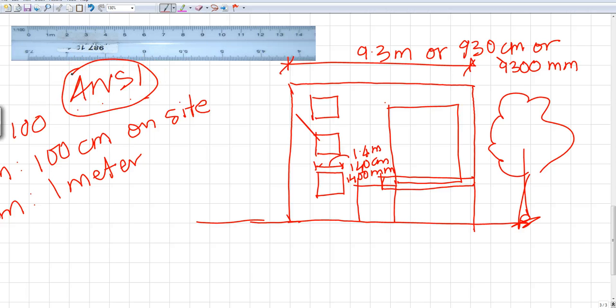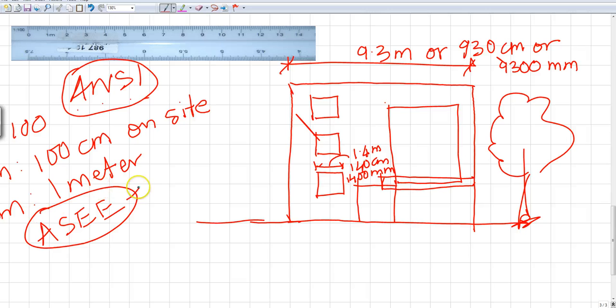Now there are some more standards that we use. One is ASEE, standing for American Society for Engineering Education.